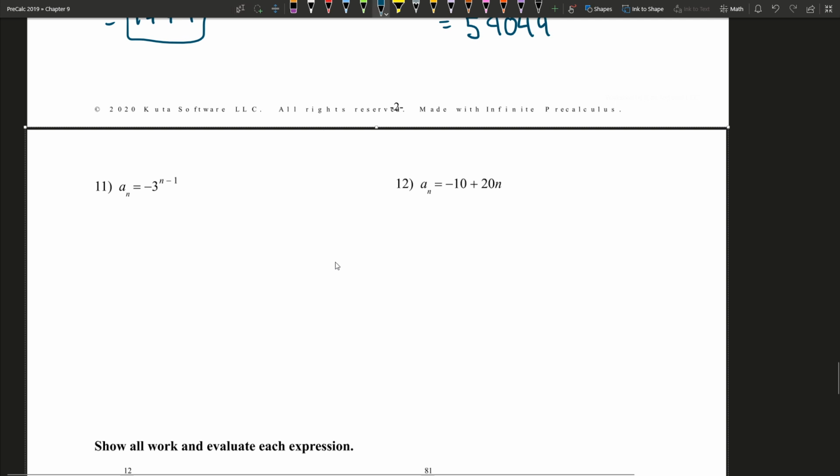On number 11, again, we have our n in the exponent, which means we're multiplying by something over and over again, which means that this is geometric. Then we need the 10th term.